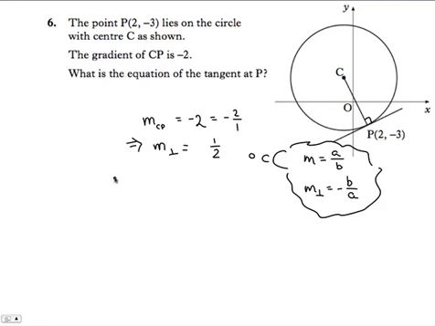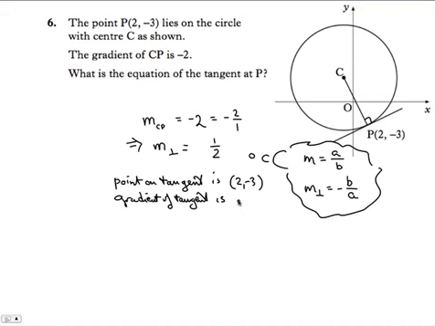So here's what we now know. Point on tangent is (2, -3). The gradient of the tangent is 1/2. So we're in a state where we can now write down the equation.